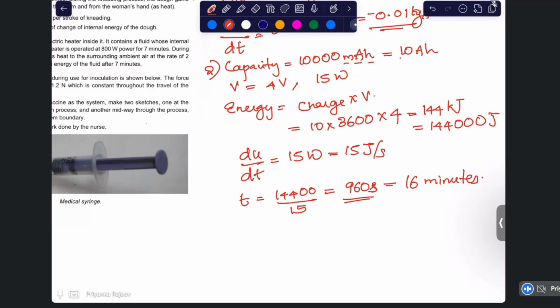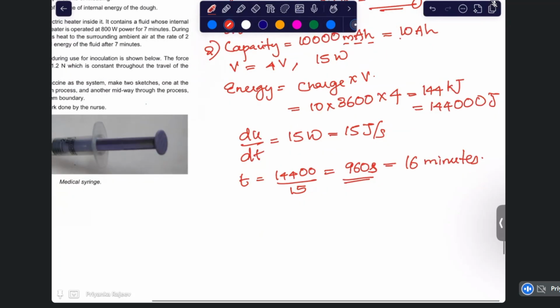Then we see how much of the energy is being taken per second. That is 15 joule per second. So you divide the entire amount by the rate at which it is getting subtracted, and that will give you the total time.